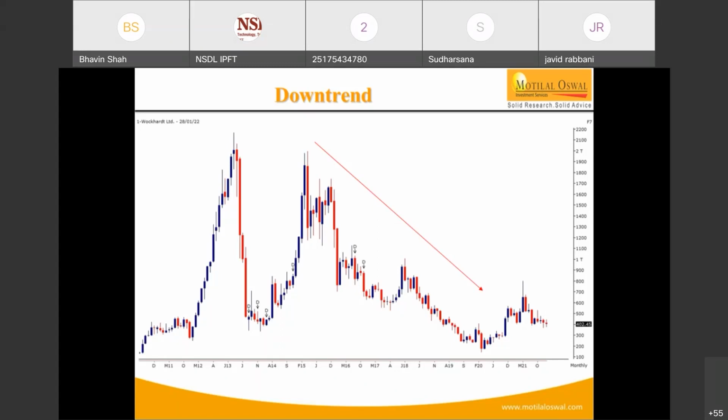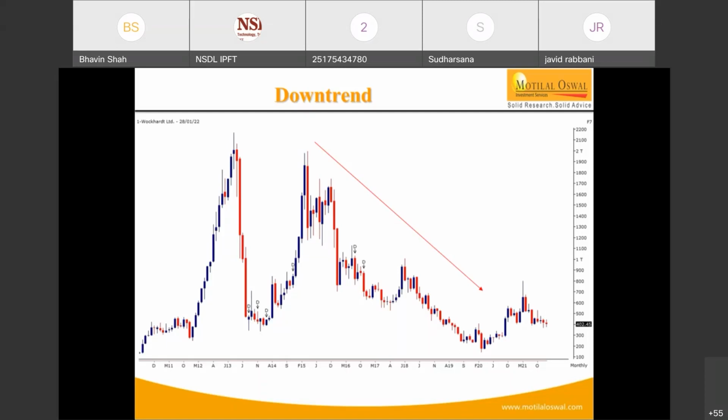So the most important thing here is that we should be in a stock which is in an uptrend if we want to buy it, and if we want to short or exit any position, we should be looking at the trend. If it's a downtrend, we should not be holding on to the positions, or if it's in futures and options, we can sell on rise.